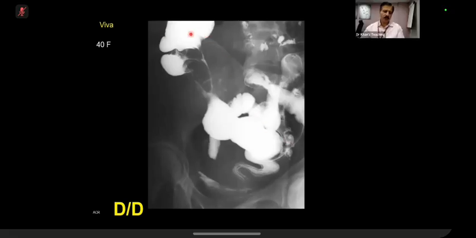This could be in keeping with a fistula. Okay, very good. What's happening in this region? This is the ileocecal junction. So there is not much contrast opacification. It could be suggestive of ulceration or strictures in the terminal ileum.